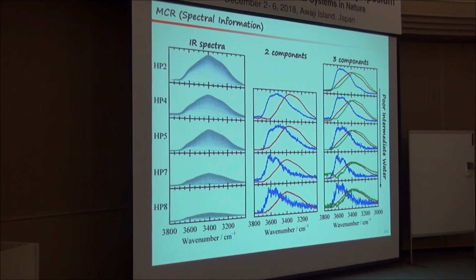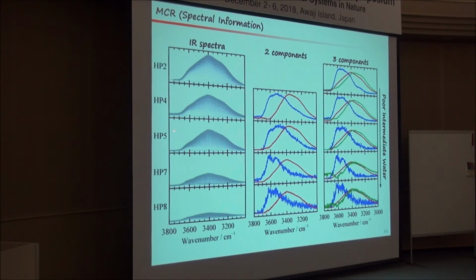The obtained spectra were analyzed by the MCR. Assuming 2 components or 3 components in the water bands, at the carbon number of 2, meaning the PMEA, 3 contributions can be clearly observed.